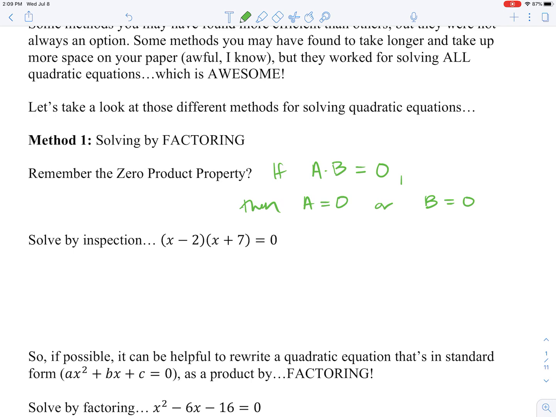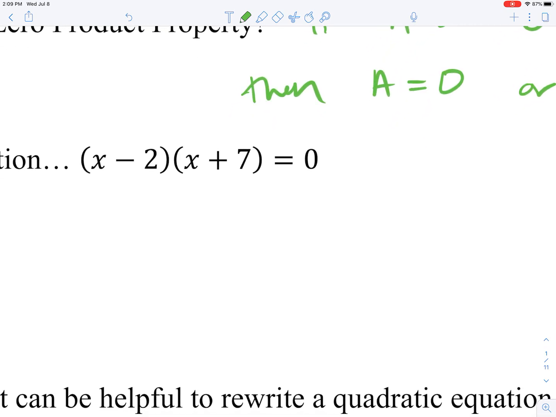The way that we can use that for solving a quadratic equation is if we get a quadratic in the form ax squared plus bx plus c on one side of the equation and 0 on the other, and we rewrite ax squared plus bx plus c in factored form, meaning we're rewriting it as a product, then we can apply the zero product property in order to find the solutions, or those values that would give us a true statement.